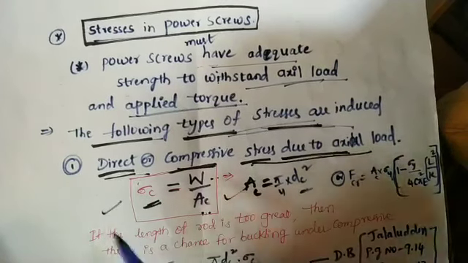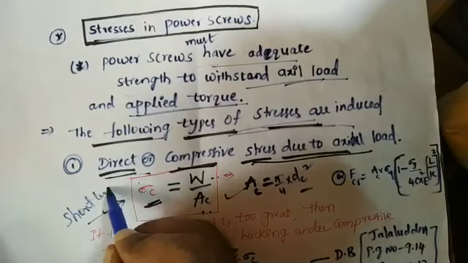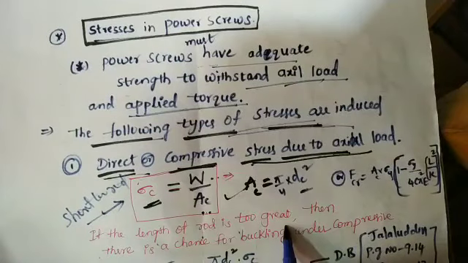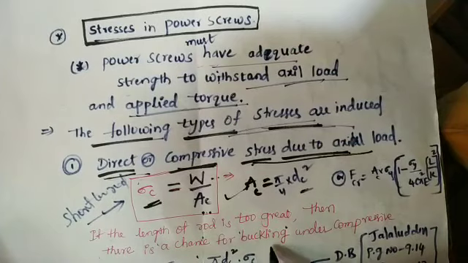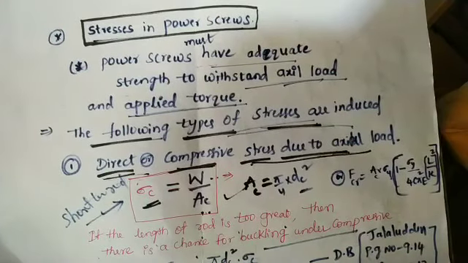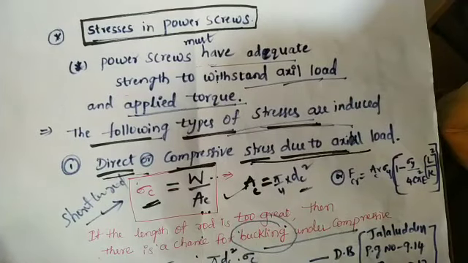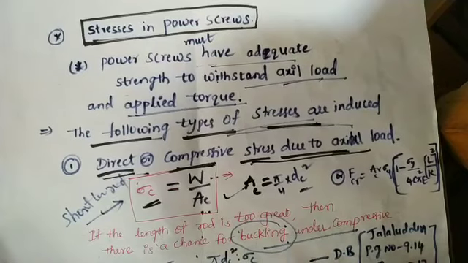This formula is used for a short length of rod. In case the length of the rod is too great, there is a chance of buckling under compressive load.